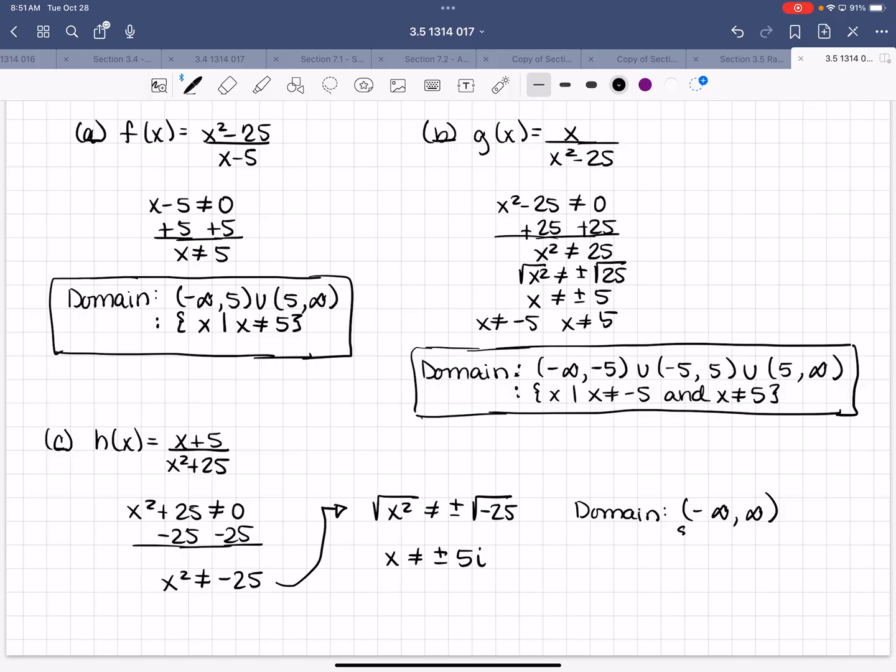And then, of course, my set builder is x such that x is in. We use that strange little e for is in, and then we use the double R for all reals. You probably will not have to list it like that in set builder. It's just I've noticed in the textbook we're getting more into, like today, we'll talk more about that as x approaches negative infinity, or x approaches positive infinity, like we did on the end behaviors.